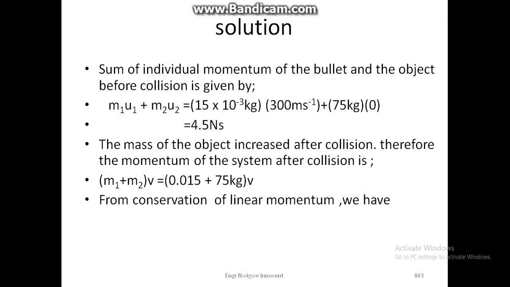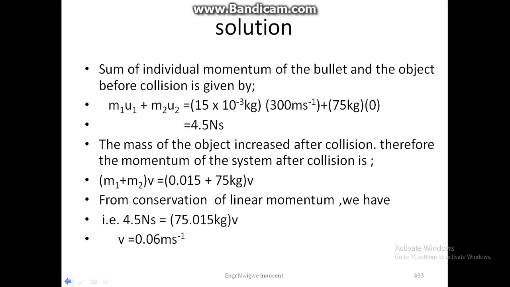From conservation of linear momentum, we have that the sum of momentum before collision, 4.5 Newton seconds, is equal to 75.015 kilogram times v, the sum of momentum after the collision. Therefore, making v the subject of the formula, we now have v equal to 0.06 meters per second.